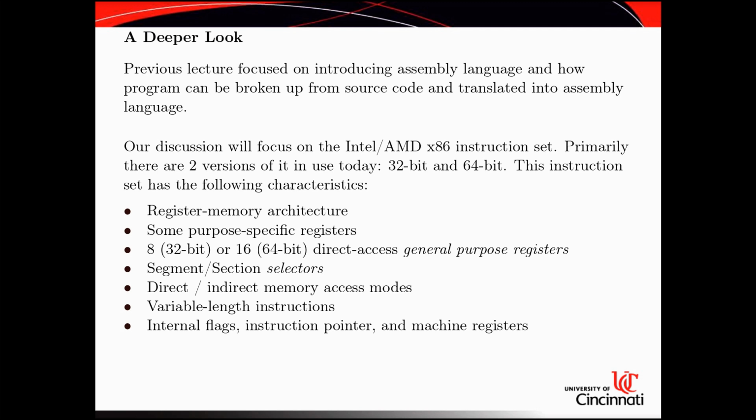I talked about the memory access mode, so that's basically within those register memory instructions, ways that you can express where data is in memory when you want to deal with it. Variable length instructions, this is another big one that will complicate analysis a bit for everyone, but it's not unique to this architecture, though it's a specific oddity of this architecture.